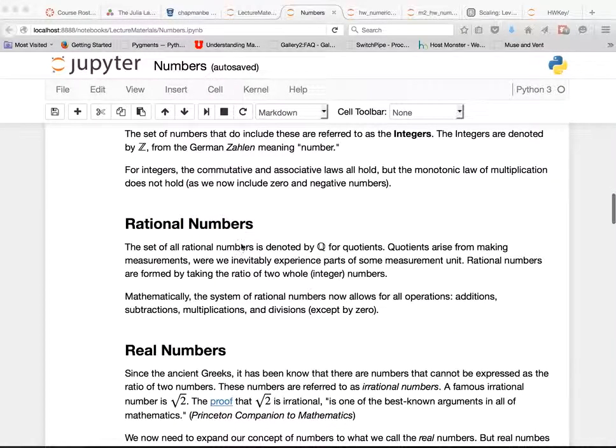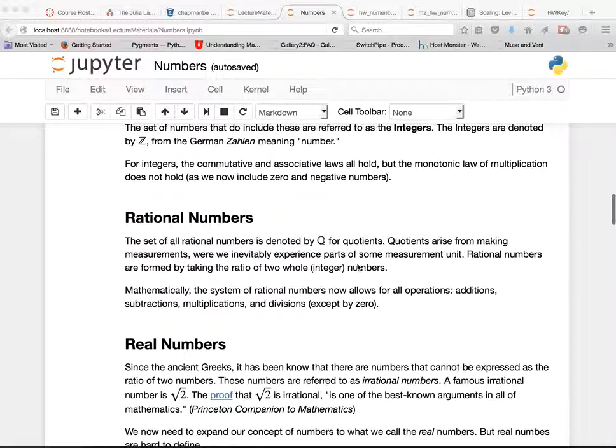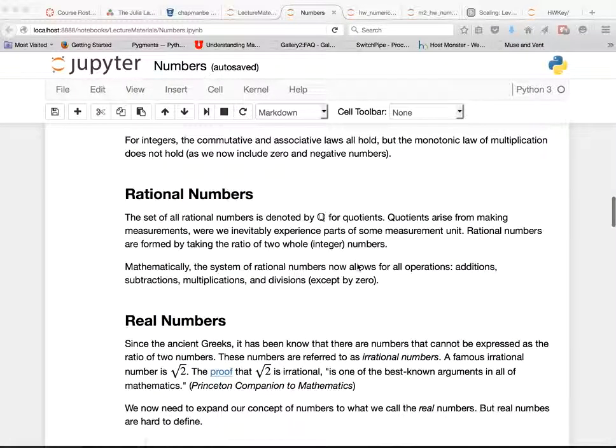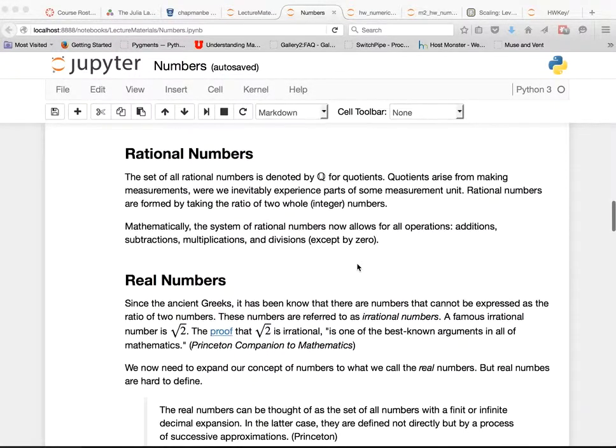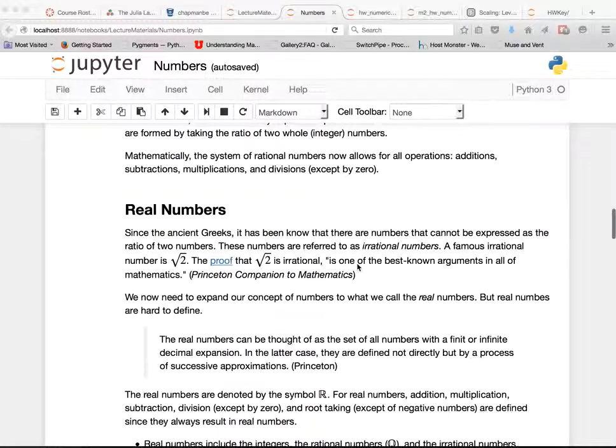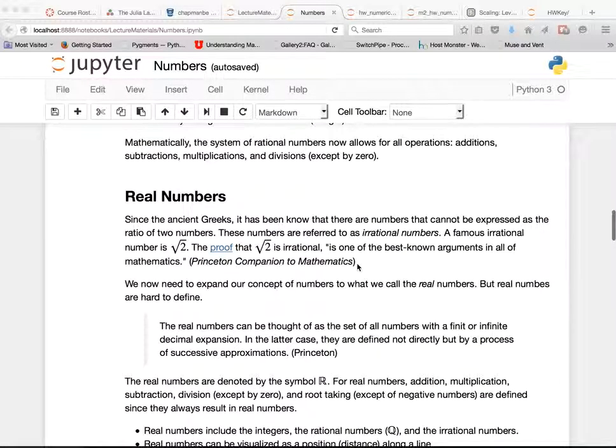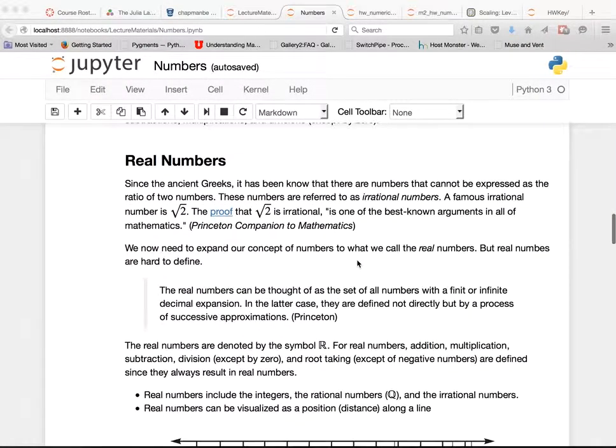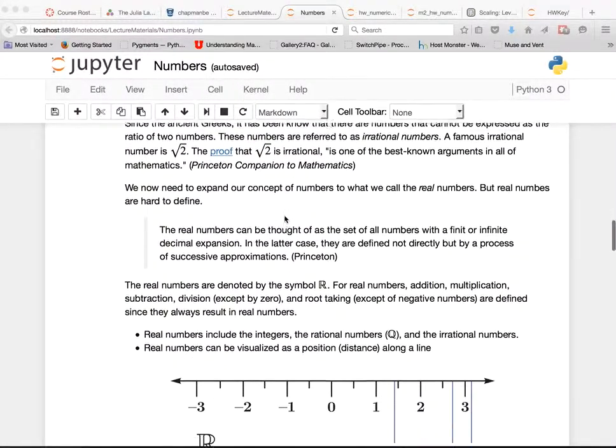Rational numbers are denoted by Q, arise from making measurements, and they're the ratio of two integers. And then we have the real numbers. Real numbers come from measurement processes, and there's an interesting history behind them, which I have some references for here too.